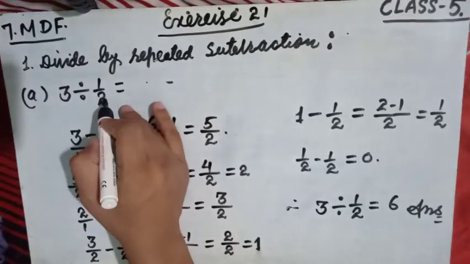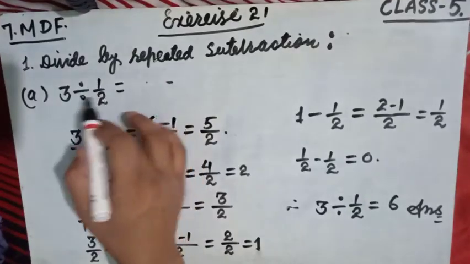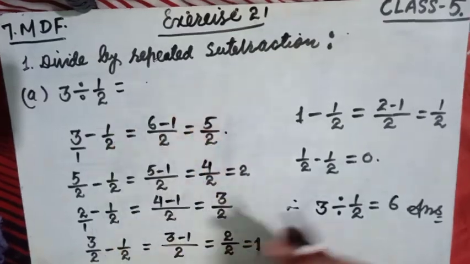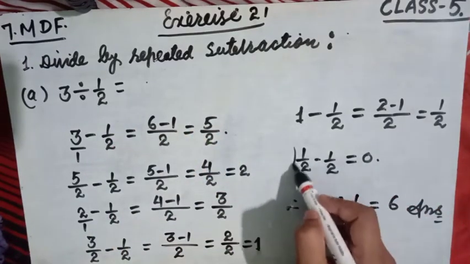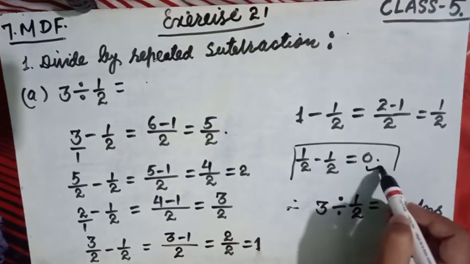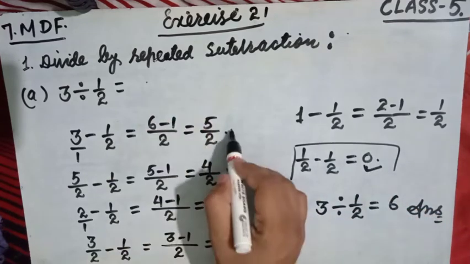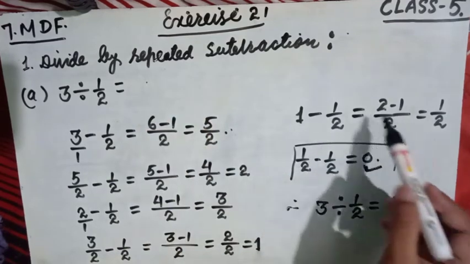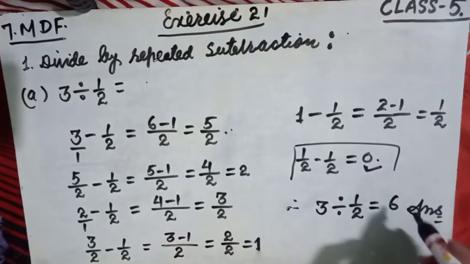That means 1 by 2 is subtracted successively from 3 and we get the final answer 0. Count the steps here: 1, 2, 3, 4, 5 and 6. So 6 is your answer.